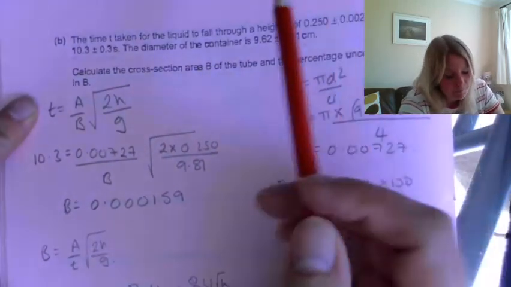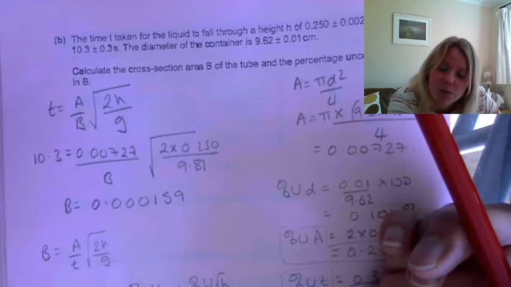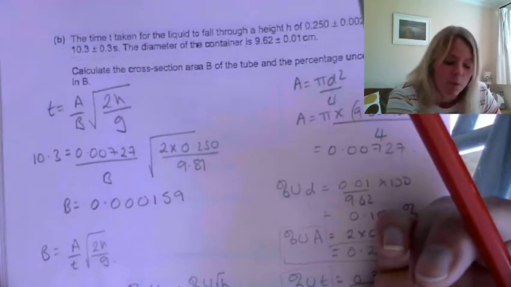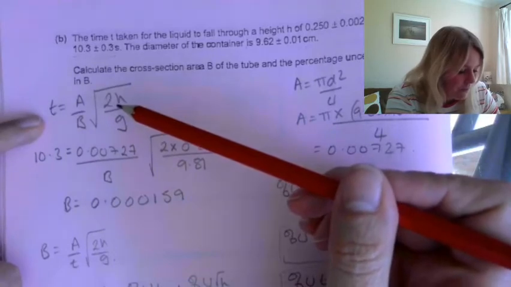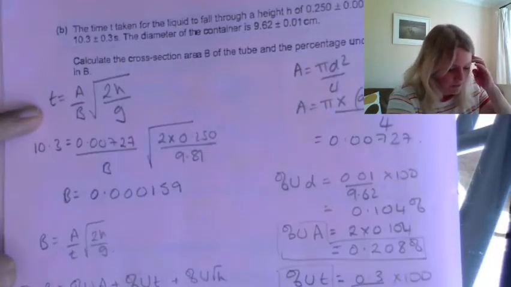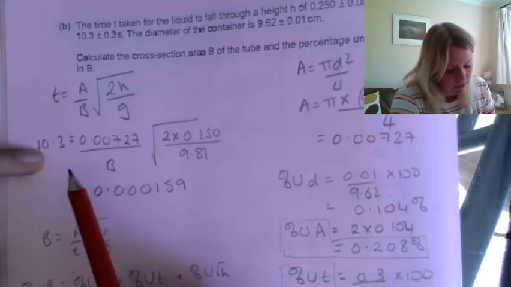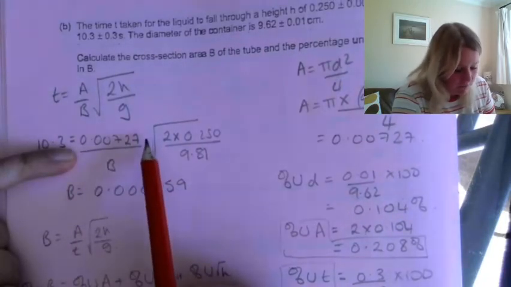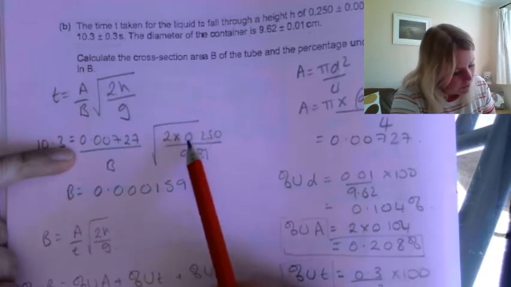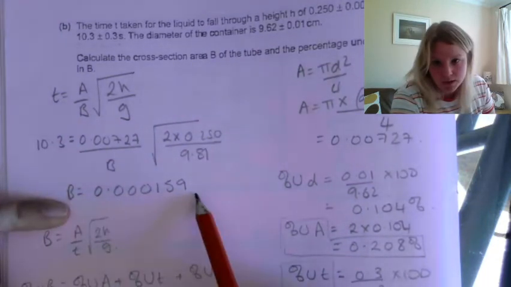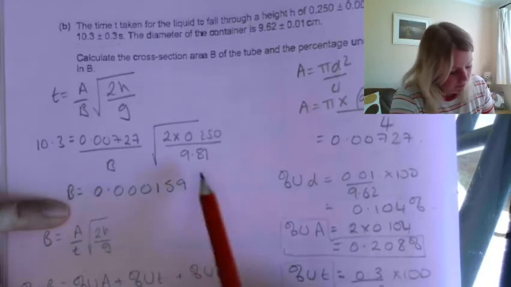But here's my solution. I'll go through my solution first, and then I'll tell you what the marks are for. Just substituting in the numbers to end up getting B first of all, so that's quite straightforward. 10.3 for T, 0.00727 for A, 2 times the height which they had given you in the question, and g is just 9.81. That gets you that value for B.